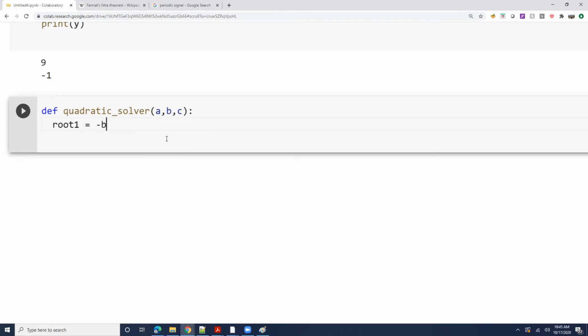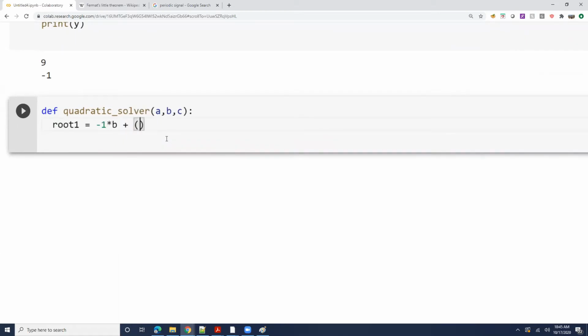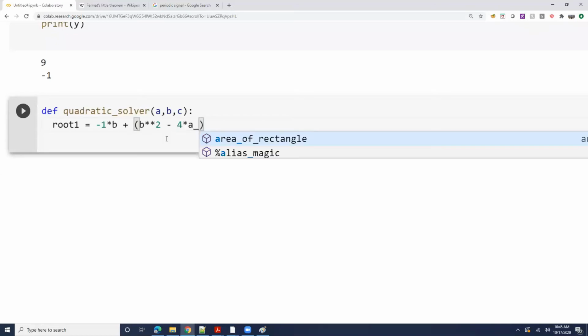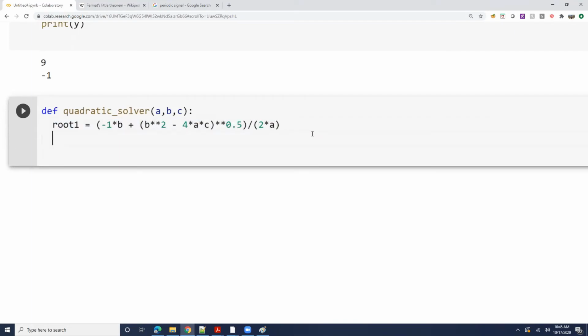So root 1 is minus B, basically minus 1 times B, plus square root of B square minus 4 times A times C, and this whole thing divided by 2 times A. And the second root is minus B minus square root of the same thing.